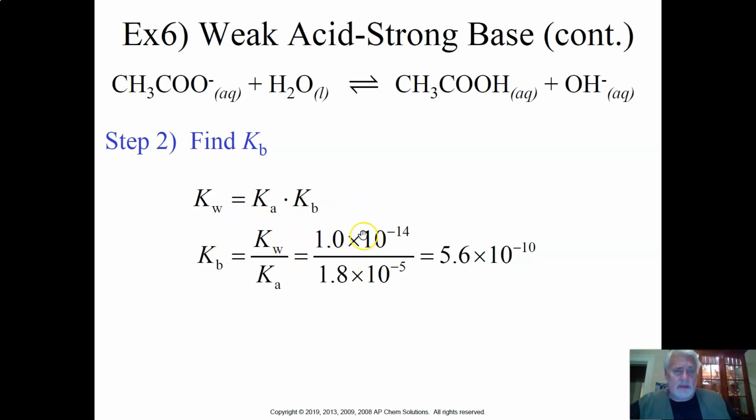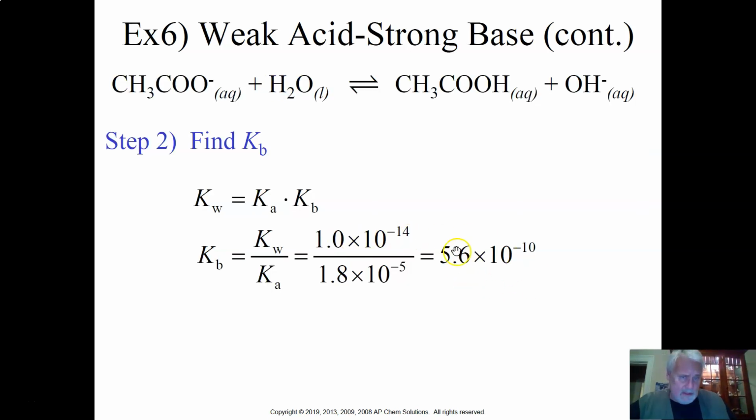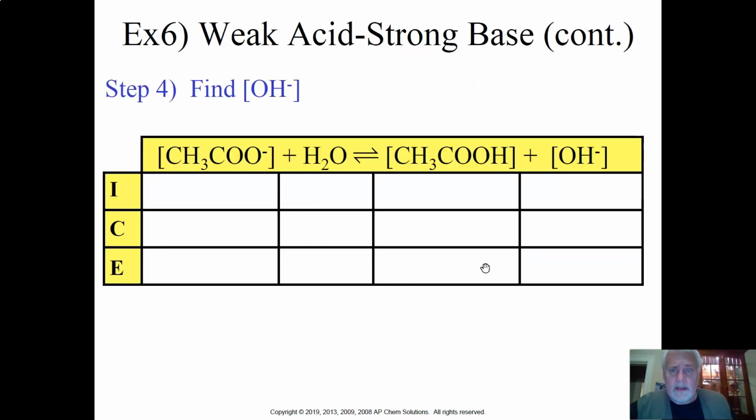All right, so we know what Kw is, and the Ka was provided for us. So that gives us the equilibrium constant, which you can see is a really, really small number.